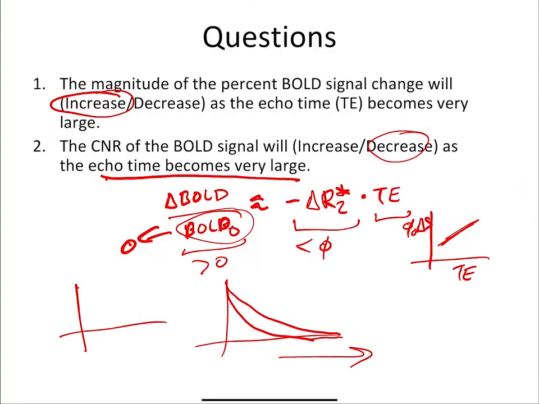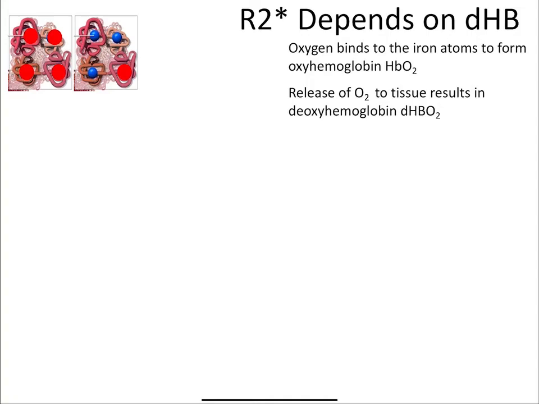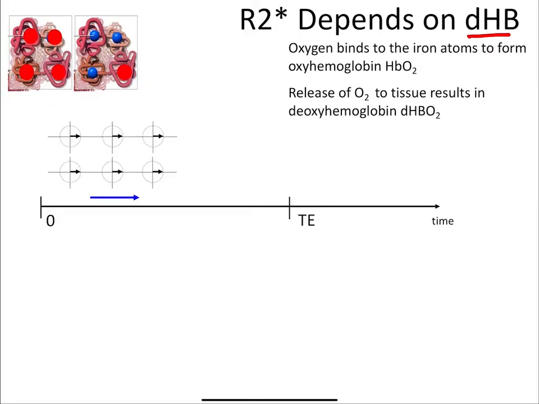All right. So let's talk now about some of the biophysics of what R2 star depends on. R2 star is sort of the fundamental thing we care about. And so we're just going to give you an overview of the factors that cause R2 star to change. And the bottom line is it depends on deoxyhemoglobin. So in the lungs, you've got oxygen.